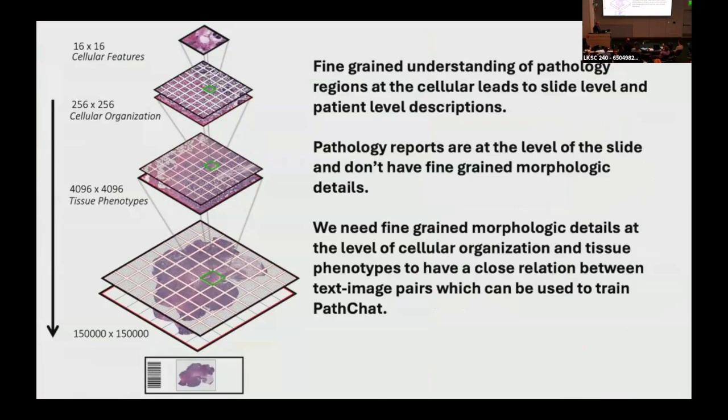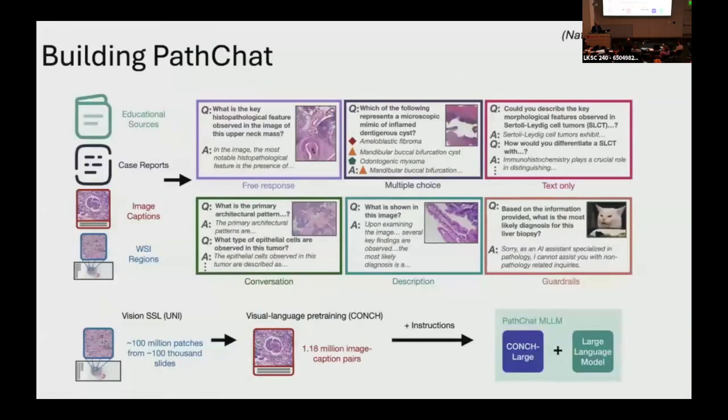But pathology reports have information corresponding to diagnosis just at the level of the slide. So the challenge here is that we needed to collect lots of data at all of these levels, so the user can ask a question corresponding to any level, and the chatbot should be able to give a response. So that's what we tried to do here. In the original study that was just published a couple of months ago, we used about 1 million instructions.